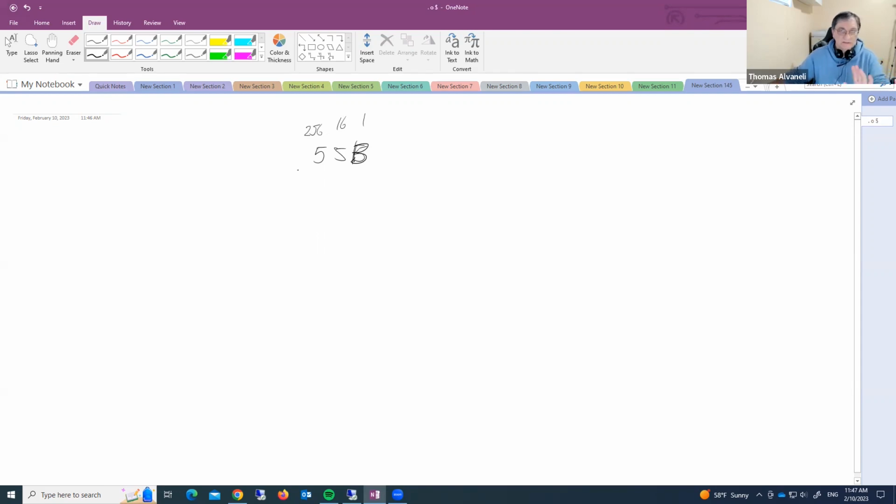Each character is 4 bits long. To get 5, we know these bits should be 0, 1, 0, 1.